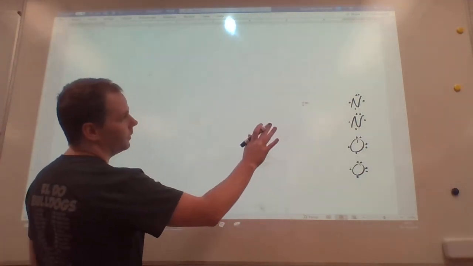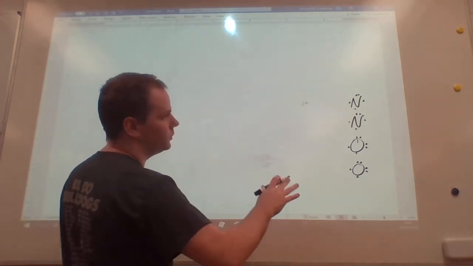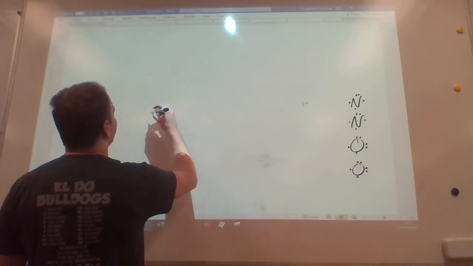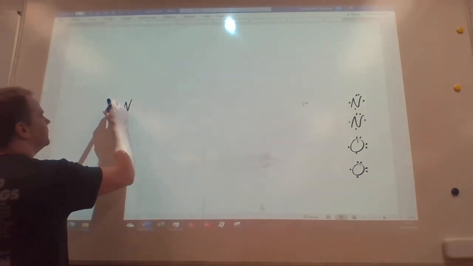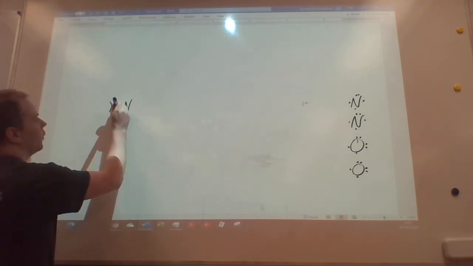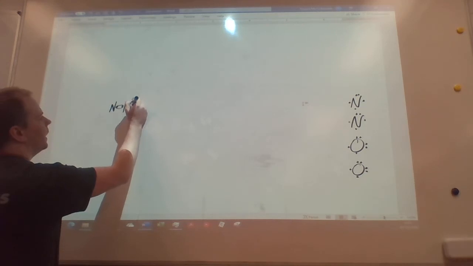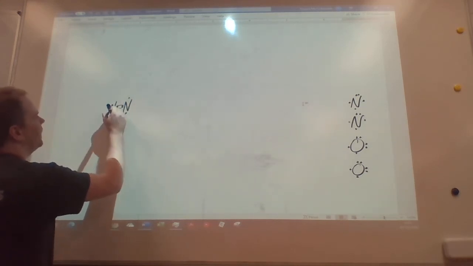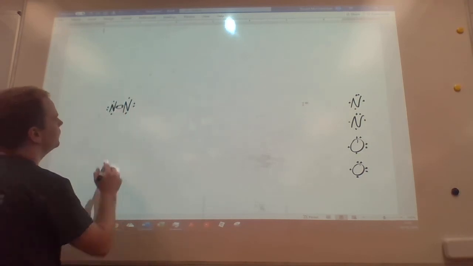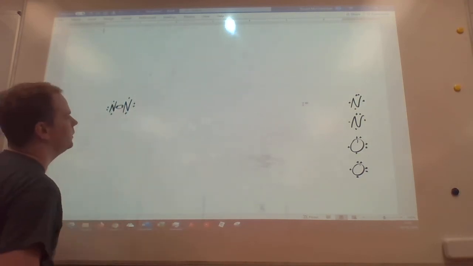So the first thing here is, remember, nitrogen can make more bonds, so it should be more centrally located. So we put our nitrogens in the middle, and we're going to go ahead and do the first bond, which has to be connecting the 2 nitrogens. Now, we still need more bonds, so we're going to add the rest of our electrons in, and you always want to put your lone pairs to the outside when you can.